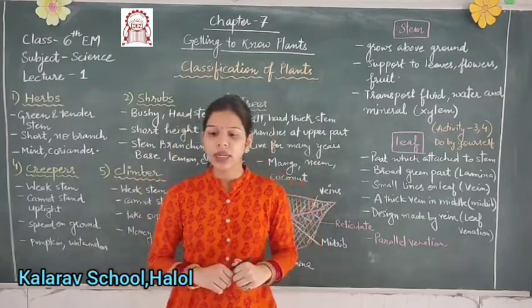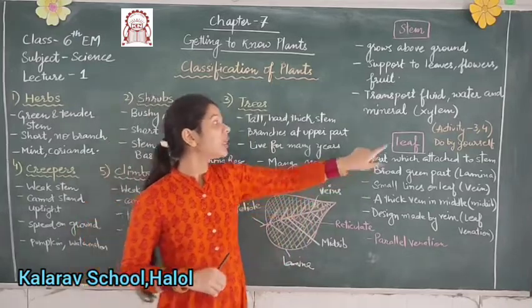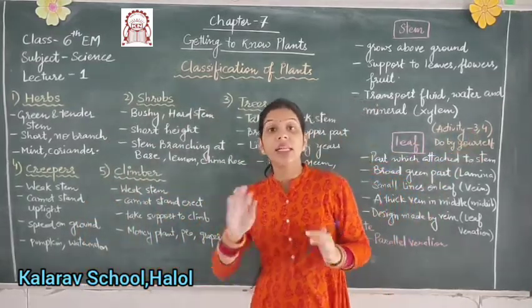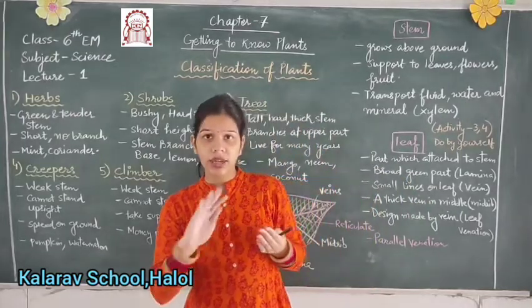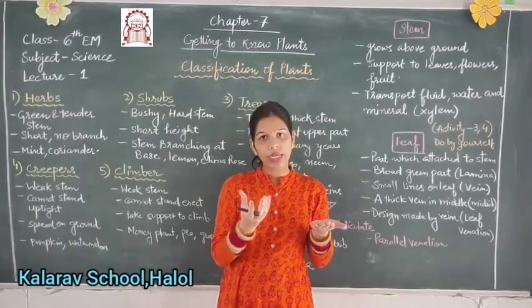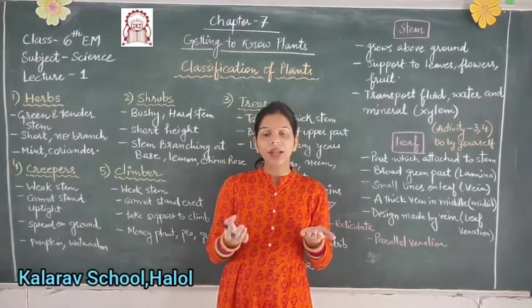Here is an activity for you, activity number 3. You can easily see the veins, the lines on the surface of a leaf. You have to take a leaf from any plant.